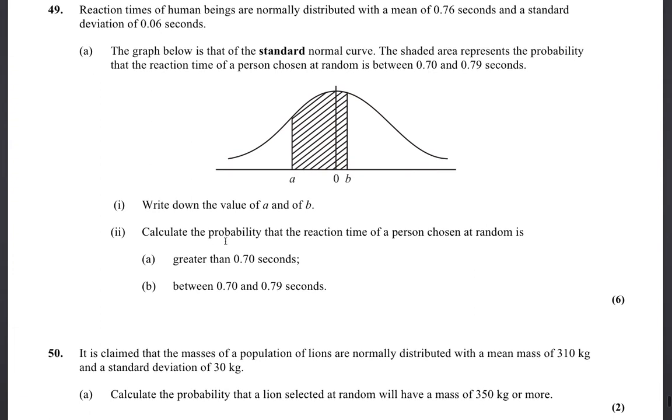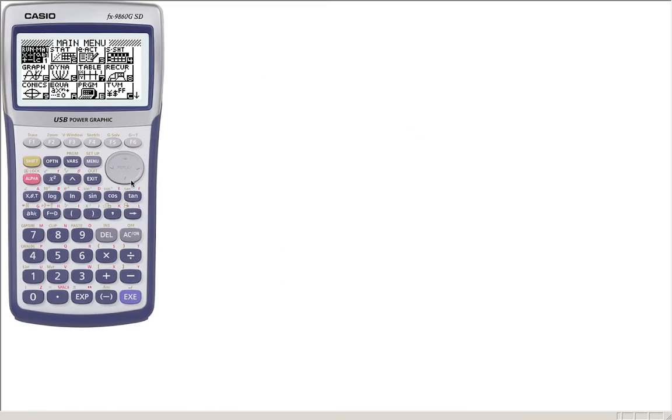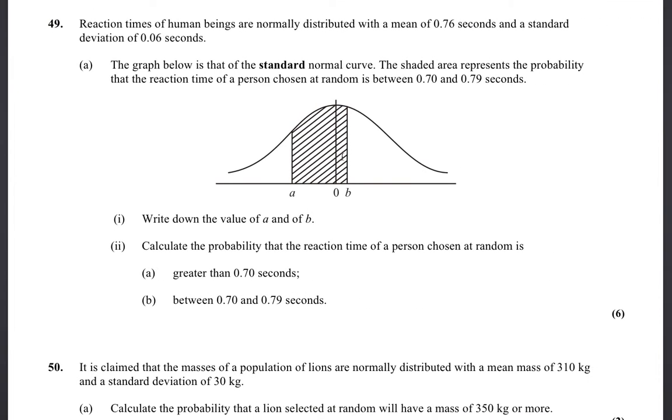Calculate the probability that the reaction time of a person chosen at random is greater than 0.70 seconds. So P of X more than 0.70. Okay, so statistics, distribution, normal. Now I need to find the probability here. So NCD. Here I need to find P of X more than 0.7.